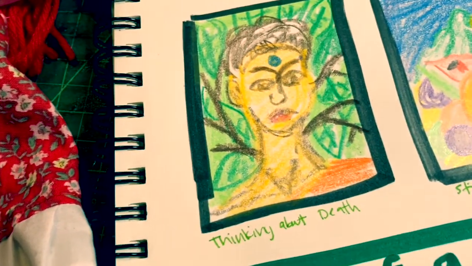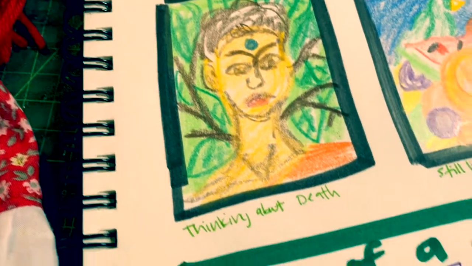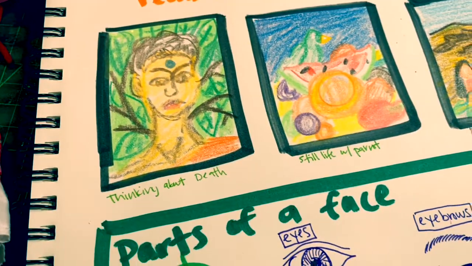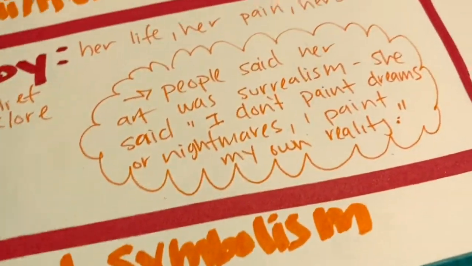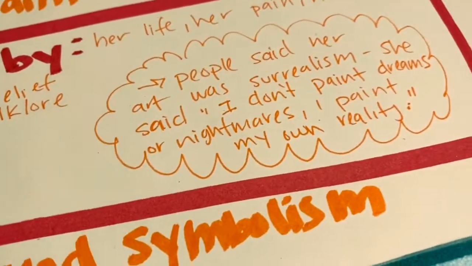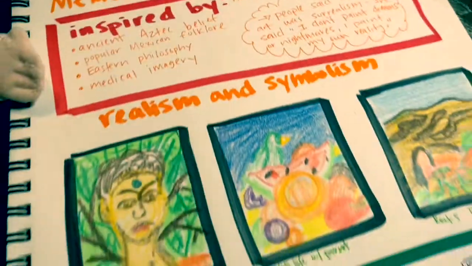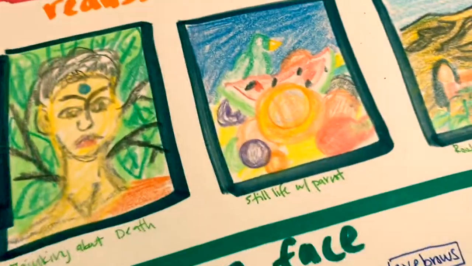She would draw and paint herself very realistically, but in these different and weird environments. Like we talked about Salvador Dali and his surrealism. When people would call her a surrealist, she said, no, I'm not a surrealist because I don't paint my dreams or my nightmares. I paint my own reality. To her, this is what was actually happening to her.